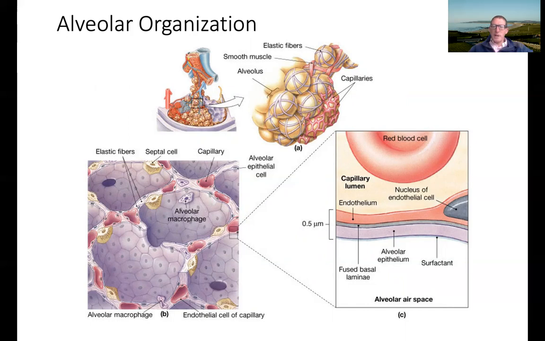And basically, in terms of gas exchange in the alveolar air spaces, we're talking about getting oxygen from the inspired air across the alveoli into the red blood cells, and in contrast, getting rid of carbon dioxide in the opposite direction.